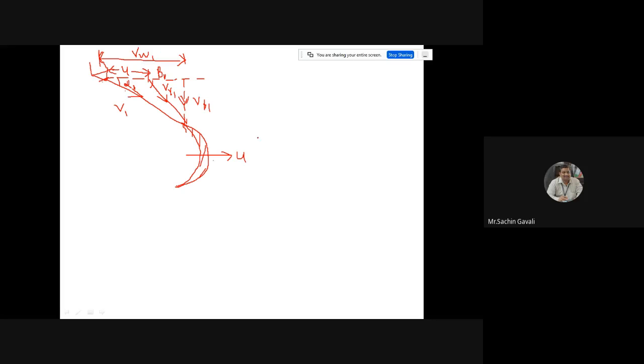So this is the inlet side, and this triangle is called the inlet velocity triangle.